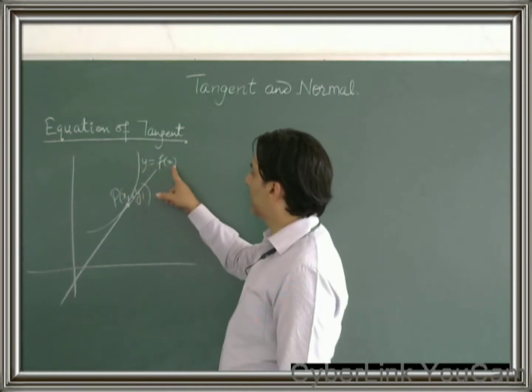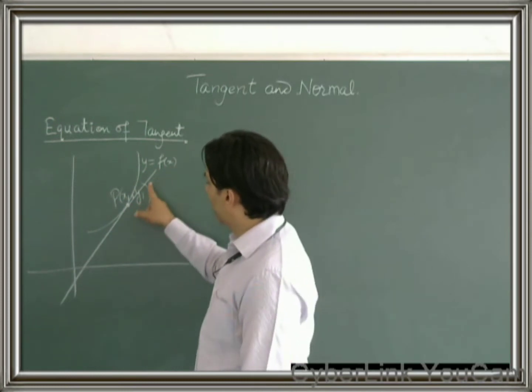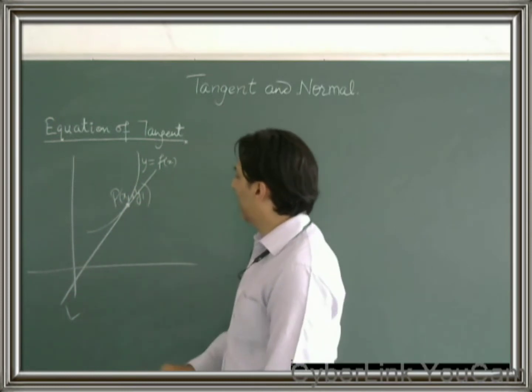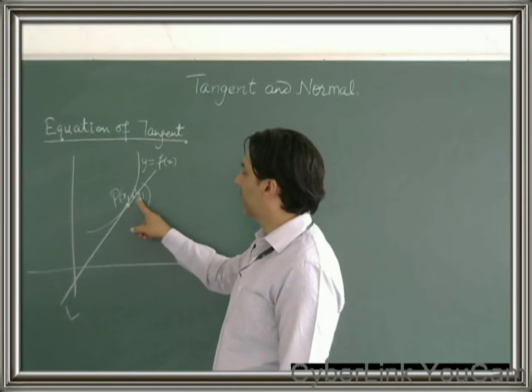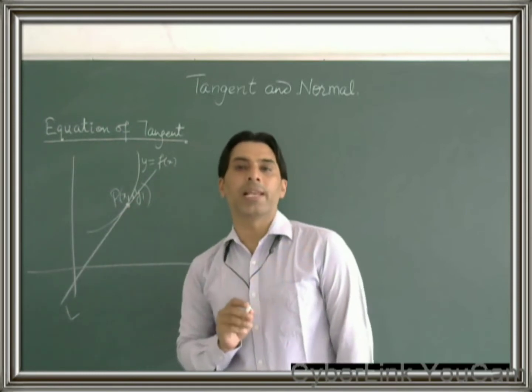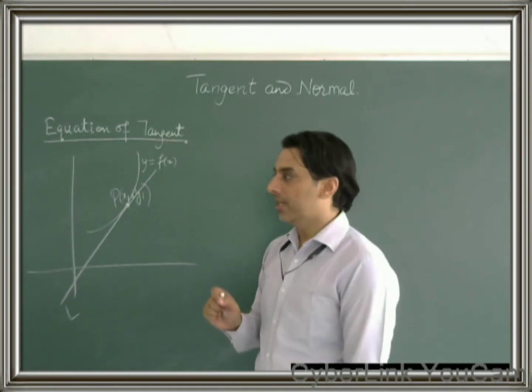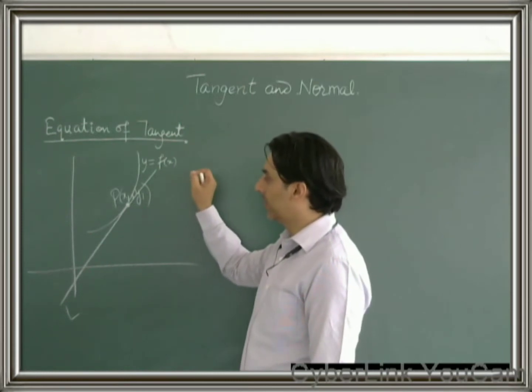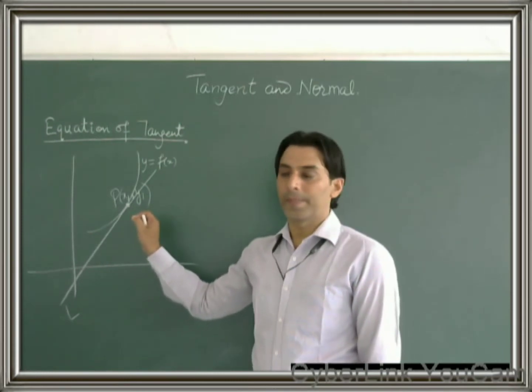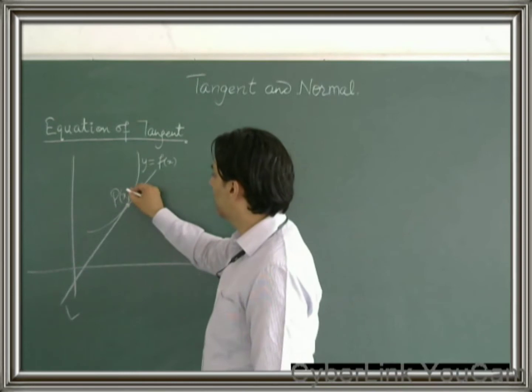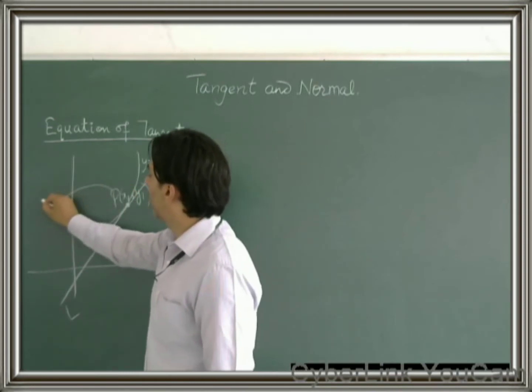So on this curve y equals f(x), we have drawn a tangent L at the point (x1, y1). We know very well that a tangent is a line which touches a curve at a point. This point P is called your point of contact.